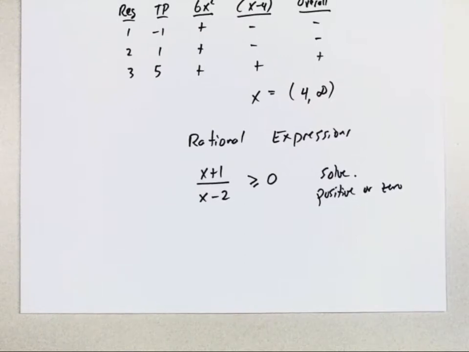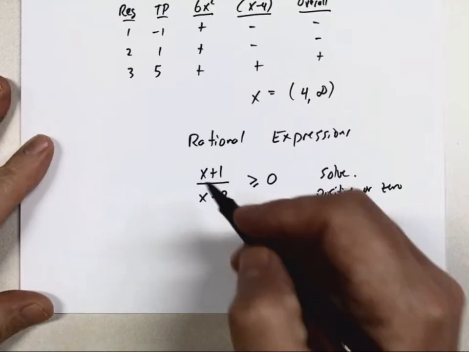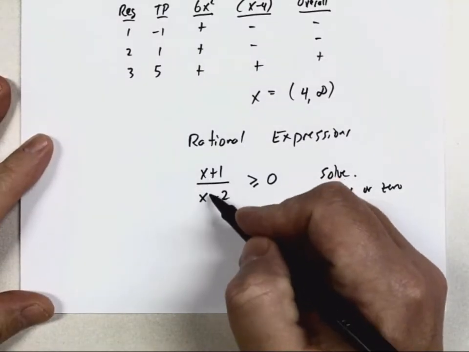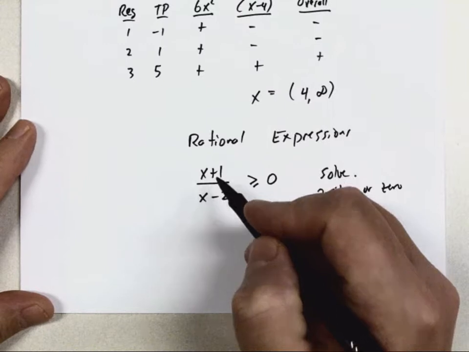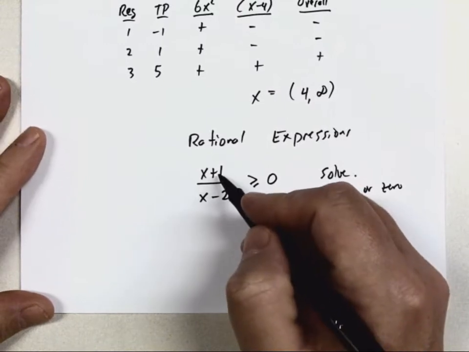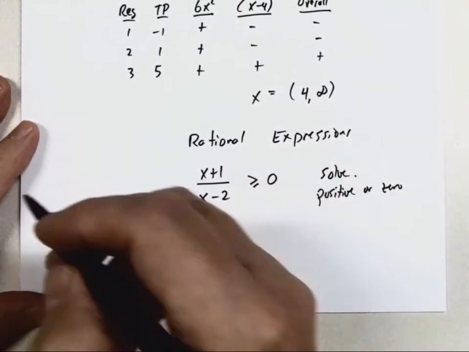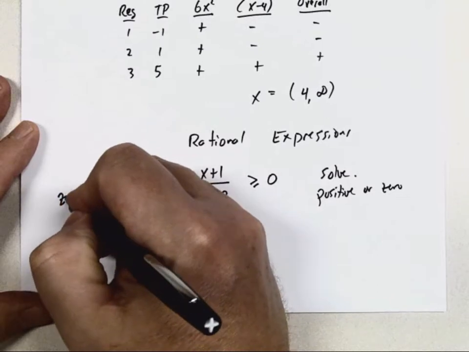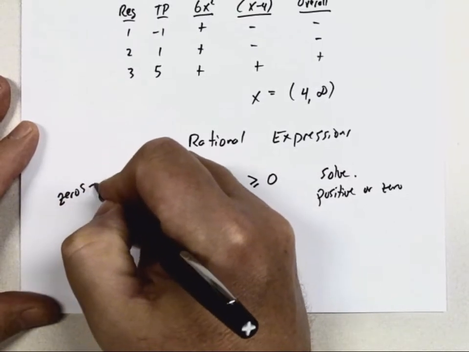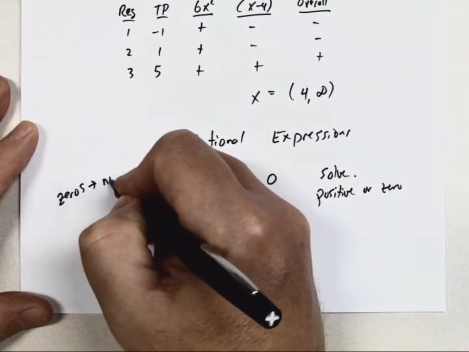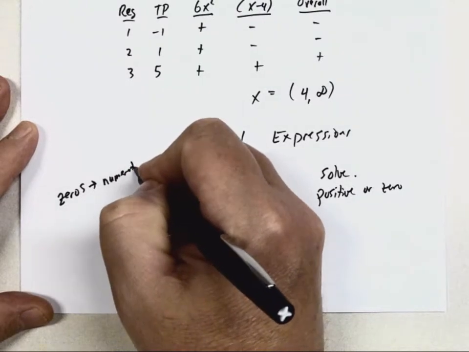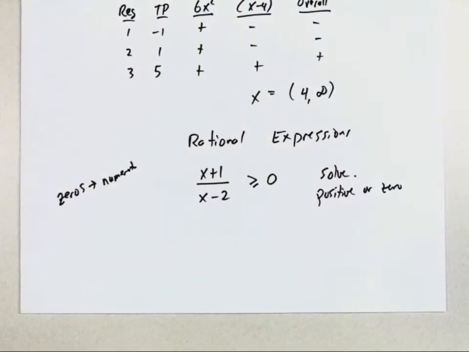The only change is, first of all, you factor, nothing to factor top and bottom. Then you find the zeros. Now when we talk about zeros, zeros actually only come from the numerator, because zeros are the values of x that make the expression equal to 0.